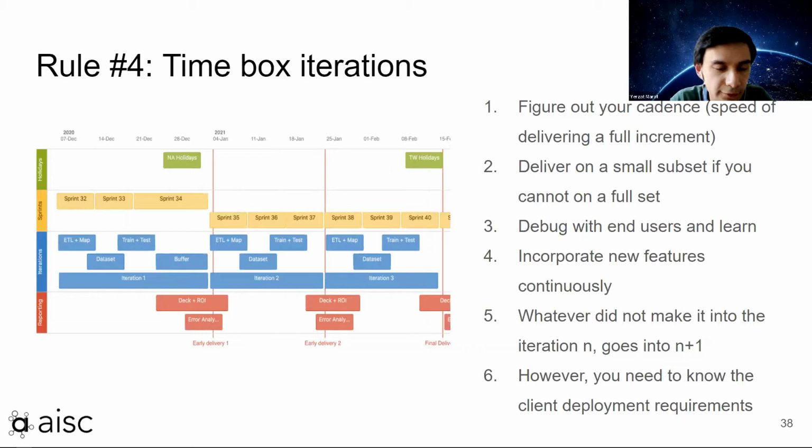The early delivery red lines there are essentially every 3 weeks. We figured out that every 3 weeks, we can deliver a fully end-to-end working version of a model that we can compare the previous model against.